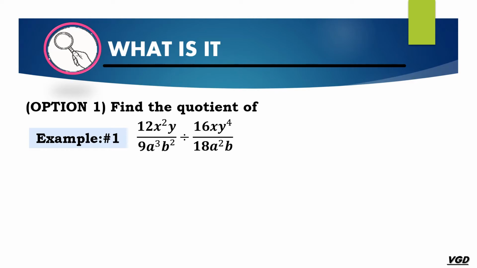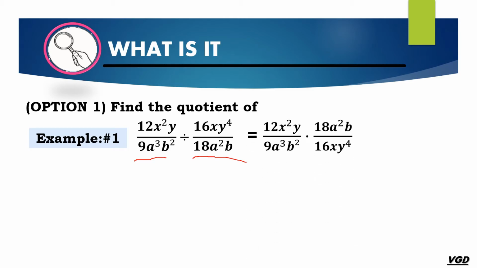The first step is to multiply the first rational expression, 12x squared y over 9a cubed b squared, to the reciprocal of the second rational algebraic expression, which is 16xy to the power of 4 over 18a squared b. There are two ways in dividing a rational algebraic expression. In this case, I will be showing you the first way.